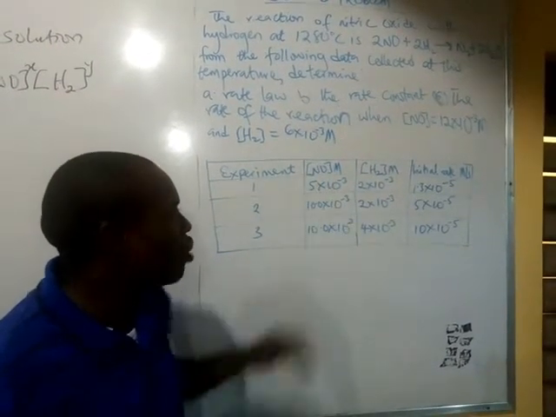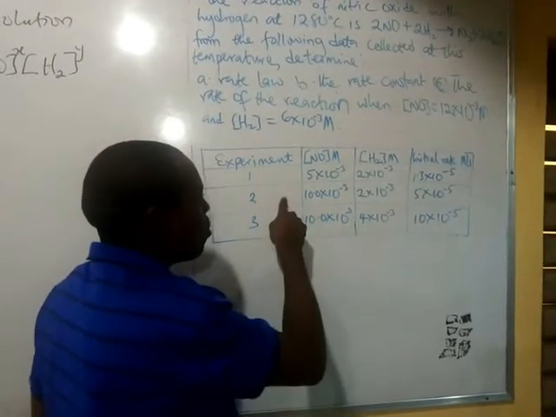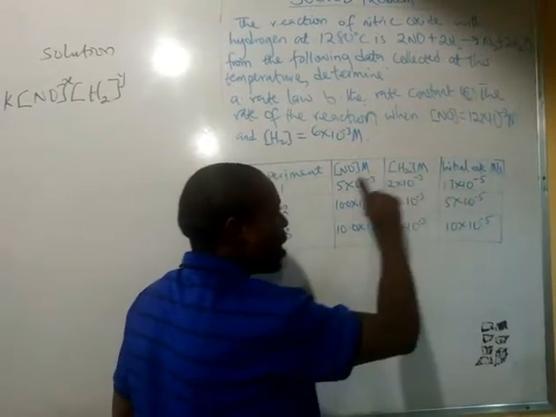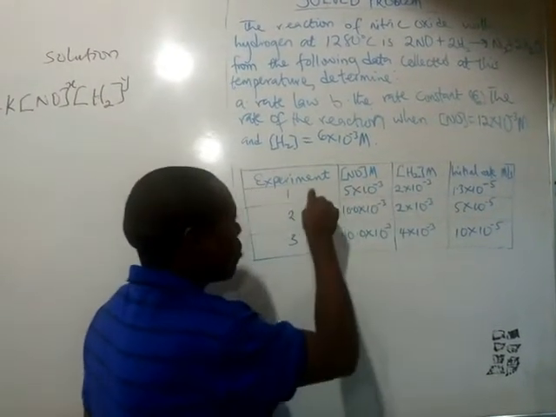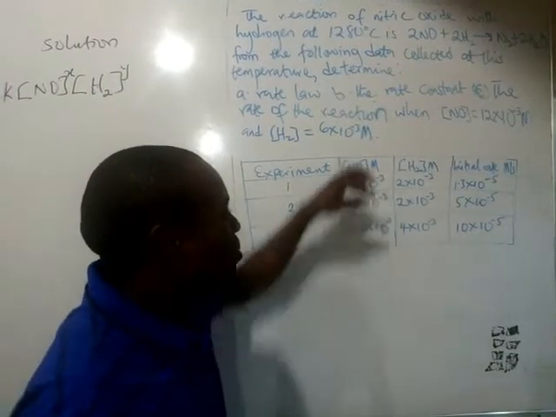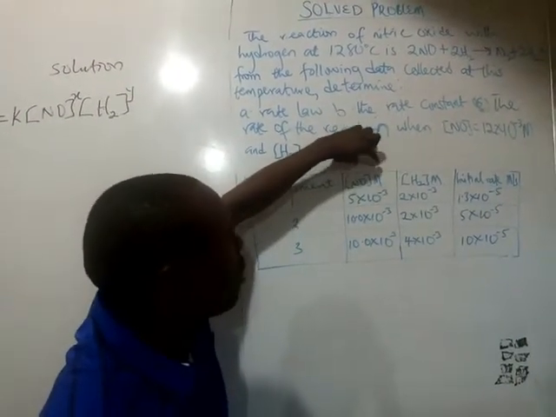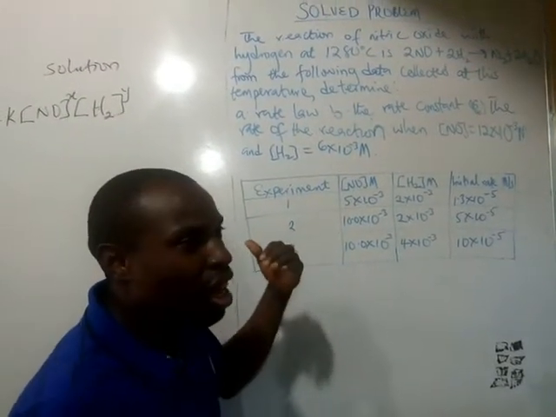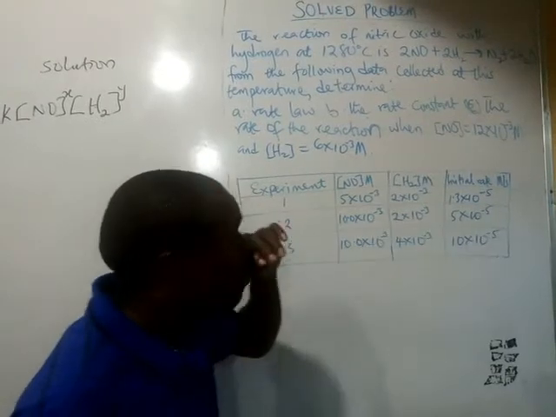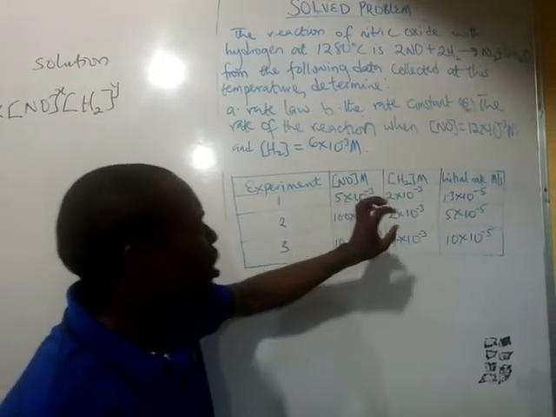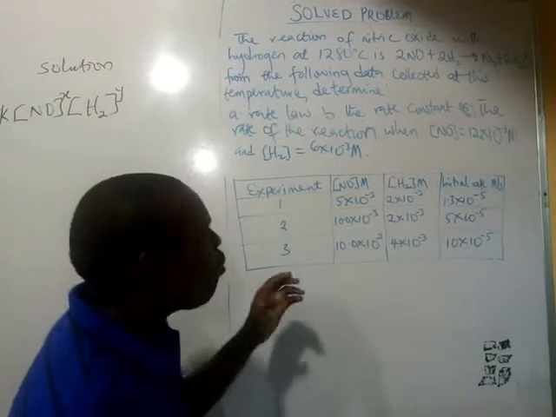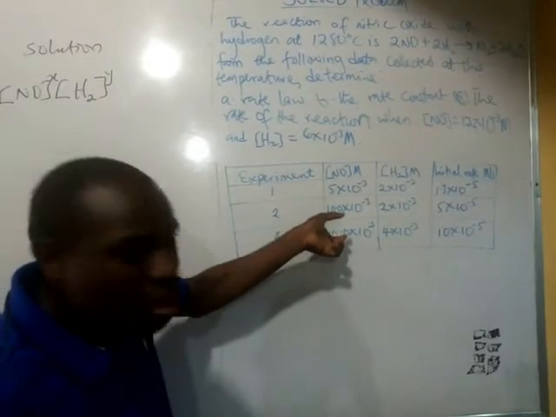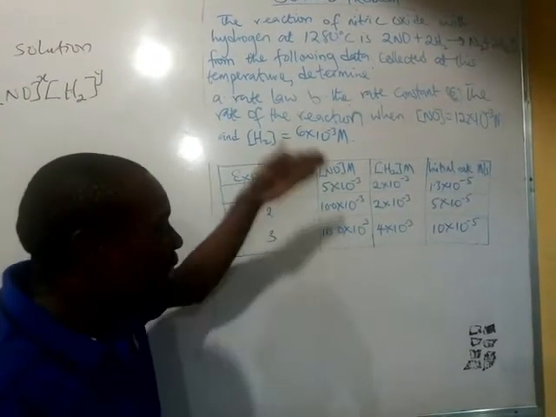If you look at experiment 1 and 2, the concentration of H2 is constant, while that of NO varies. So I can relate experiment 2 and 1 to get the power of NO, which is X. To determine the order of H2, I will look for experiments where NO has the same value so that it can cancel out.